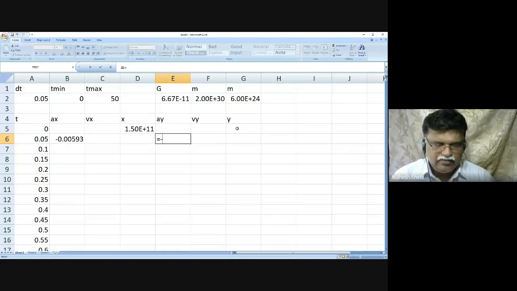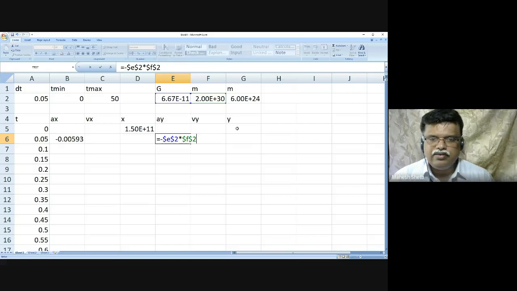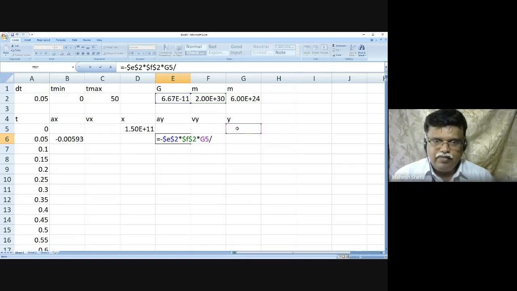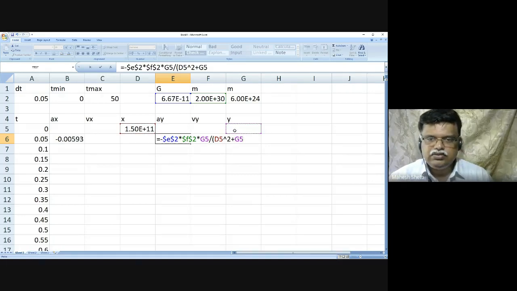So minus GM multiplied by y, divided by x square plus y square, this square plus this square raised to 1.5.